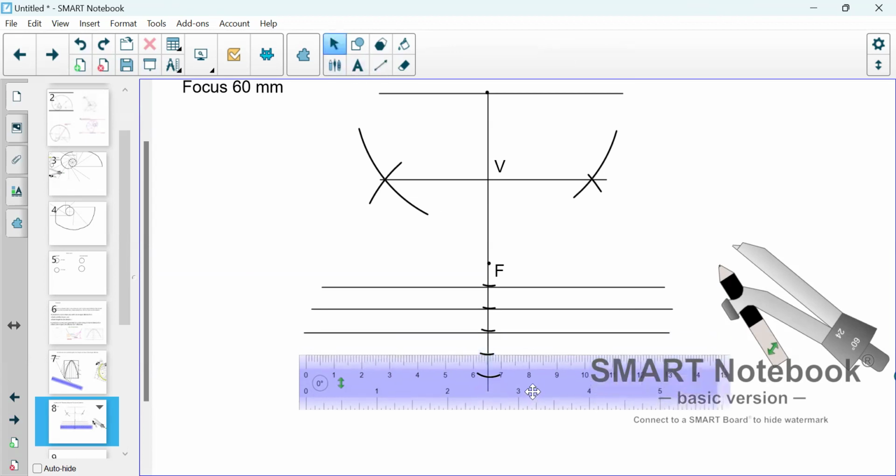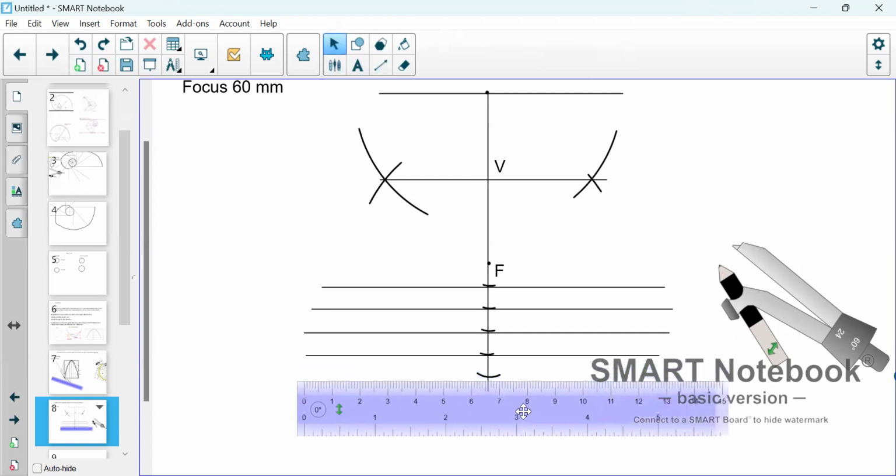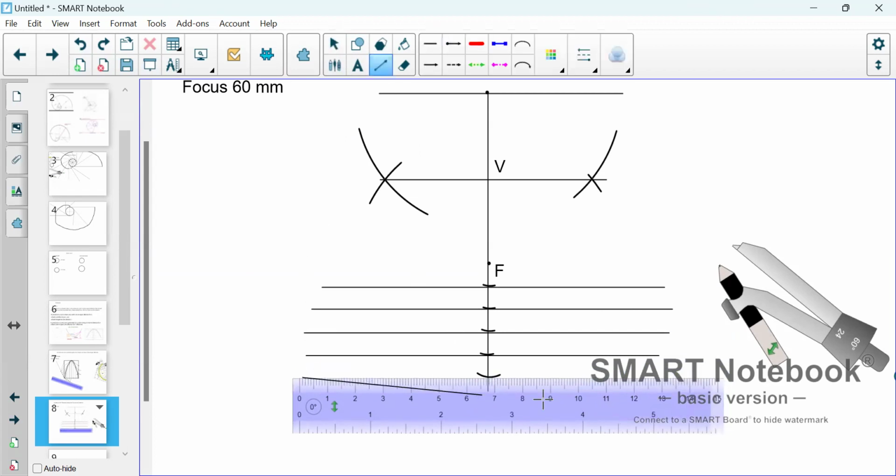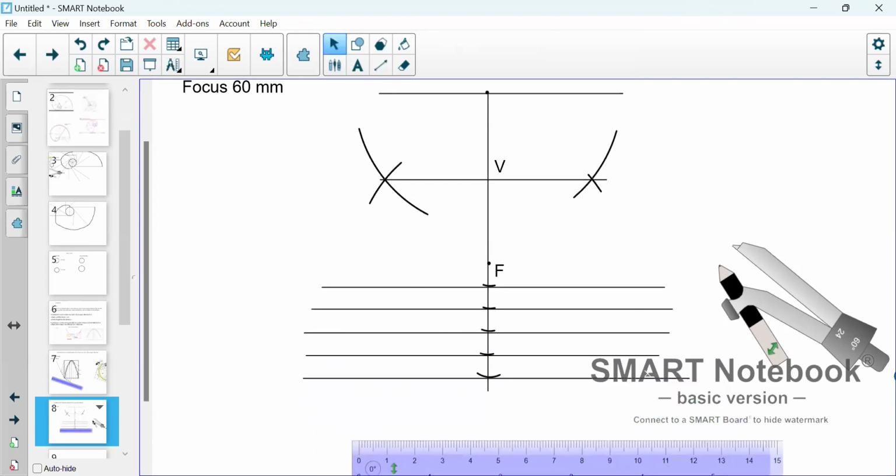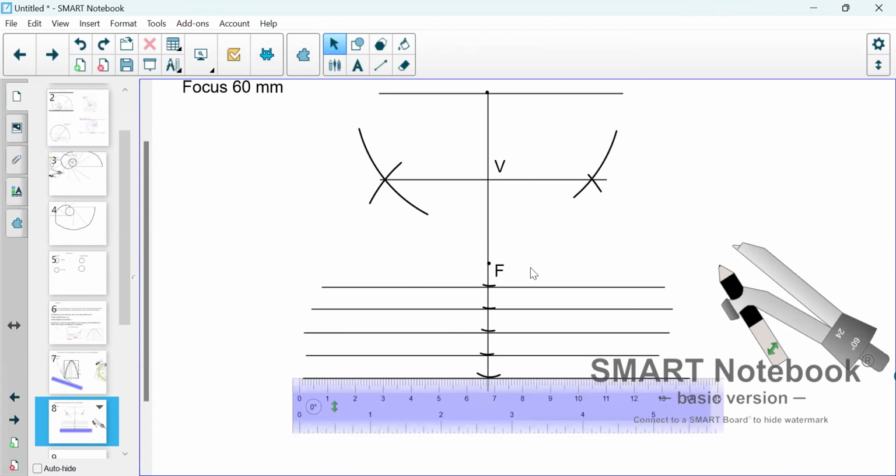So we keep doing that for each one of them. When we finish with that, then we need to take various measurements.